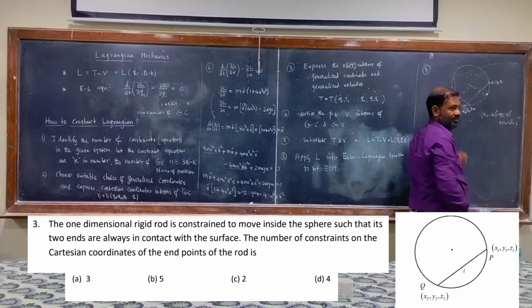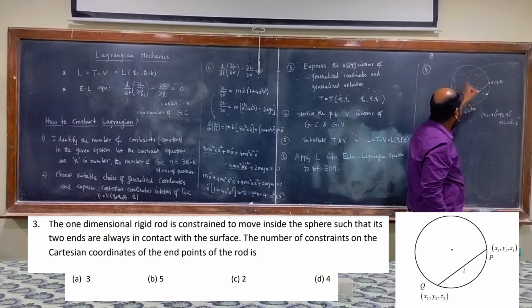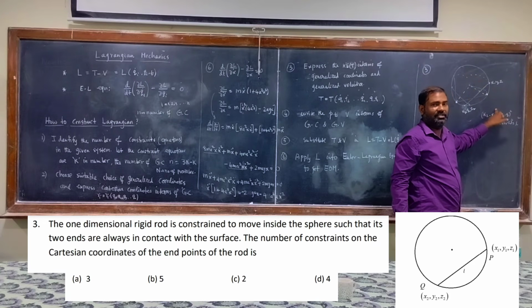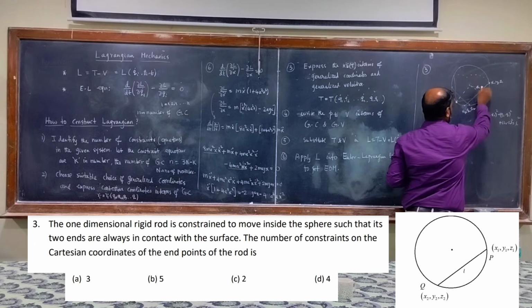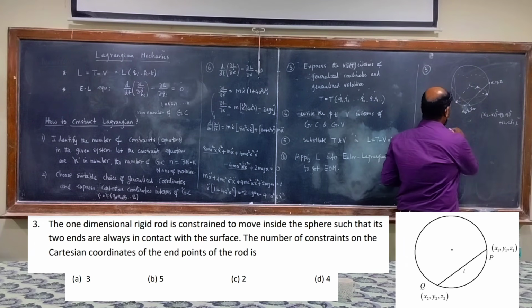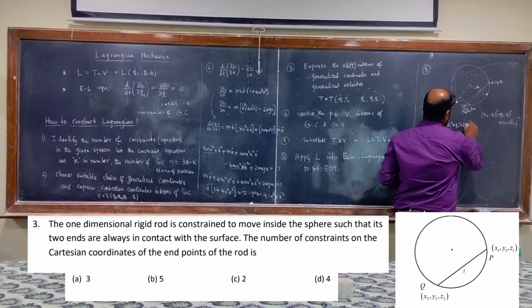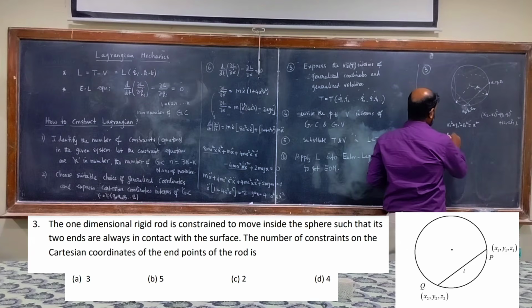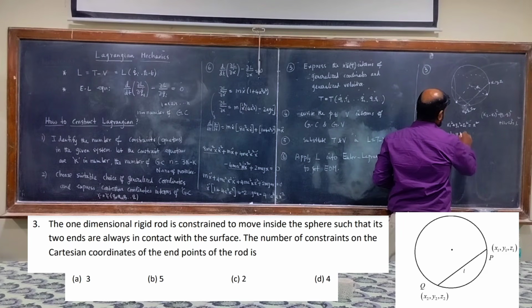This will மாறிடும். So to maintain on the surface, the distance from the center point to the end point has to be always same. Here what is the radius? It's the radius, right? What is the radius here? So it means x1 square plus y1 square plus z1 square is to be a square. Similarly, x2 square plus y2 square.